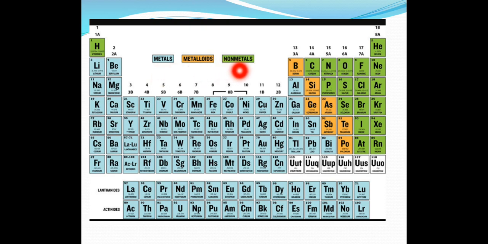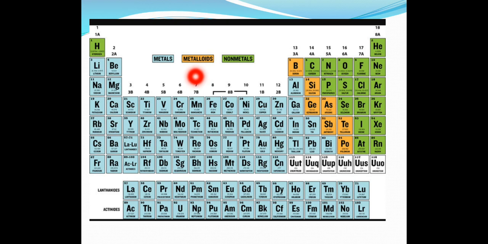Similarly, non-metals, most of them are not lustrous, they are bad conductors of electricity, bad conductors of heat, and many more you have studied in earlier classes. Metalloids are those having properties between metals and non-metals. Metalloids, or you can call them semiconductors.